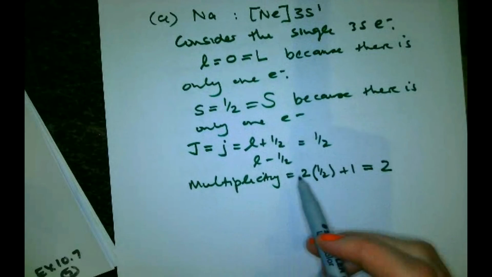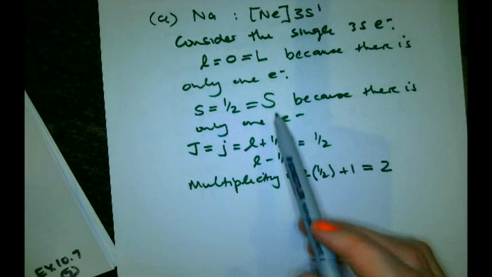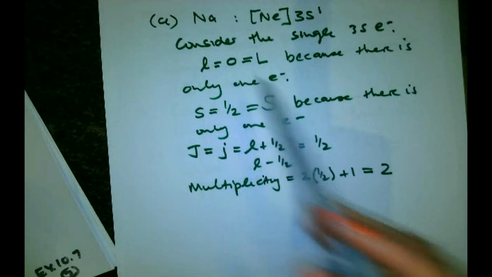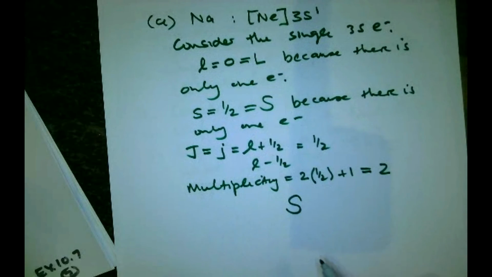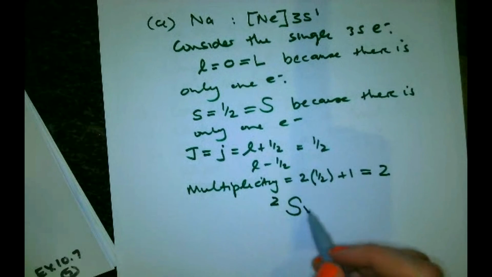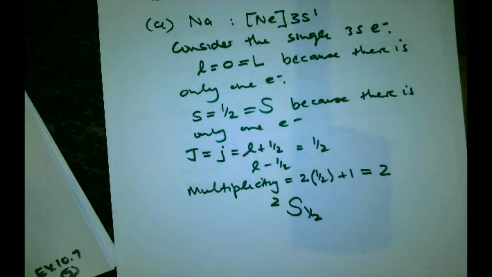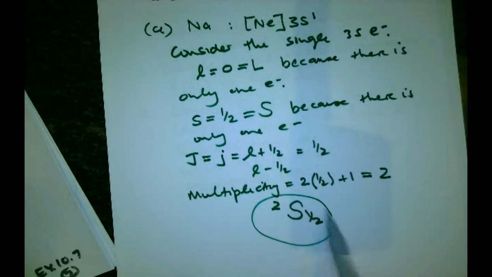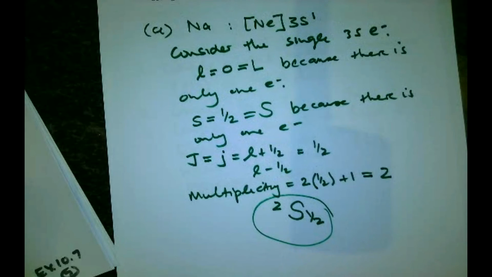So our symbol, because L is 0, is an S, uppercase S. Multiplicity is 2 and J is a half. There we have the term symbol for the ground state of sodium. And we see there's only one term, so there's no splitting, which is exactly what we've said for the sodium atom, for the ground state specifically.